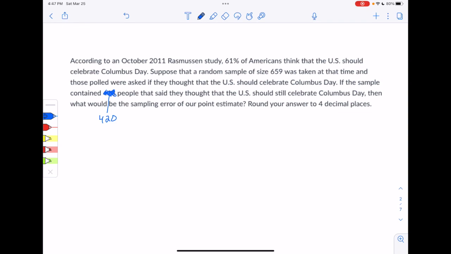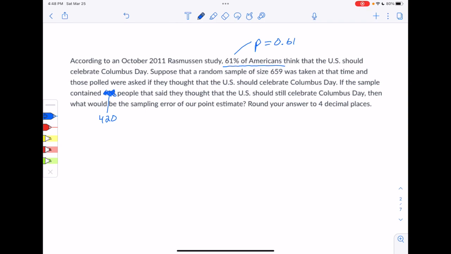Well, up here they're talking about 61% of Americans believe a certain thing. So that is a proportion of Americans. So this value right here, since it's of Americans, would be the population proportion. So that would be P, but P needs to be converted to decimal before we do any work with it. So we'd slide that decimal over 2 spots, remove the percentage symbol, and get P equals 0.61.